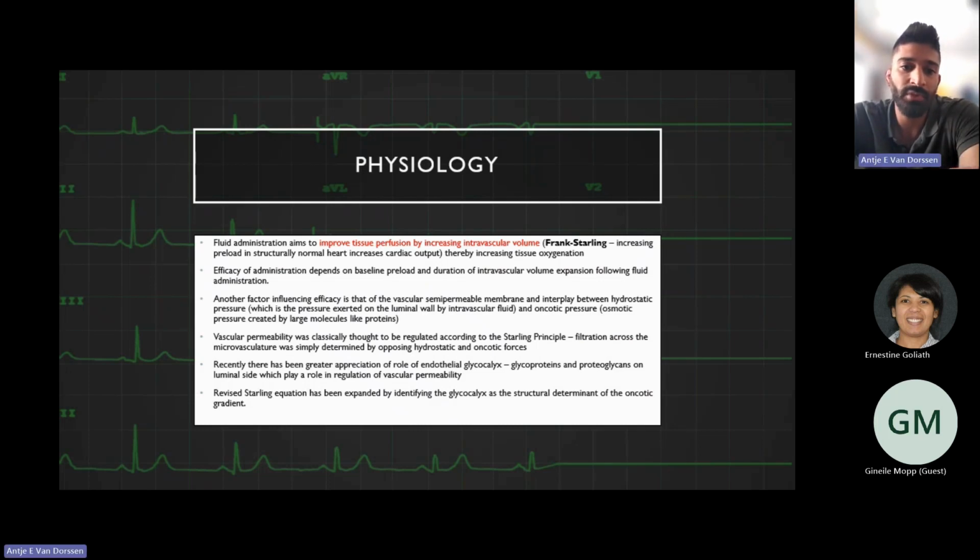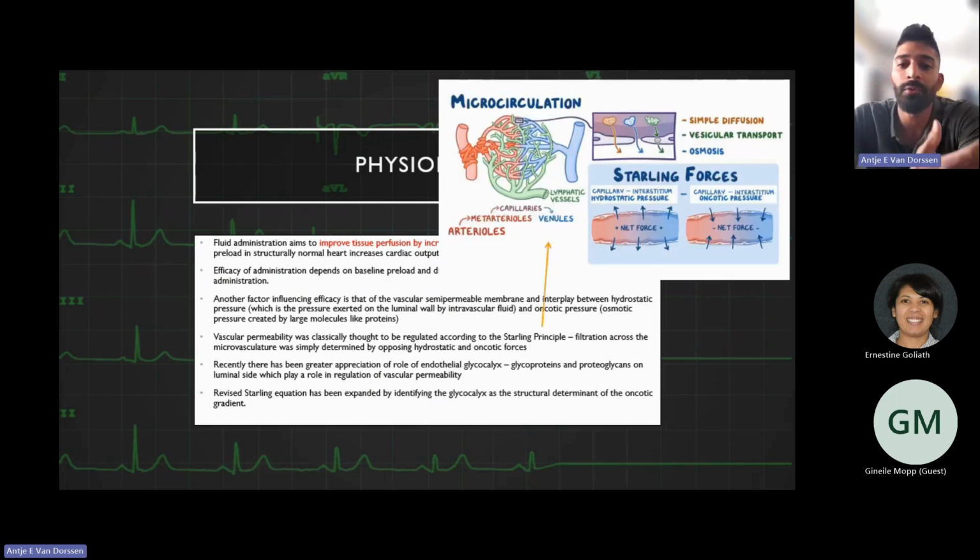So vascular permeability was initially thought to be regulated according to the Starling principle, which basically notes that filtration across the microvasculature was simply determined by the sum of opposing hydrostatic and oncotic forces.